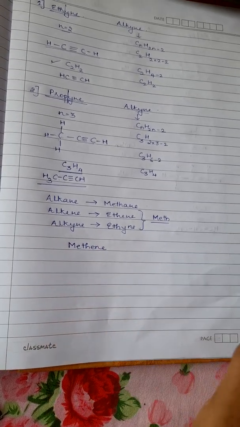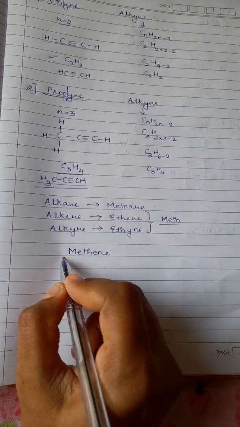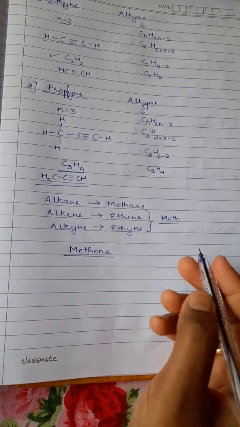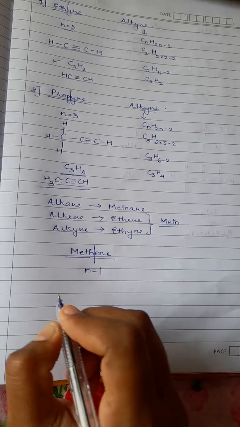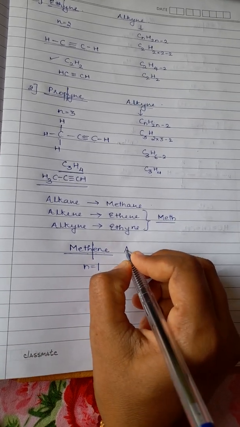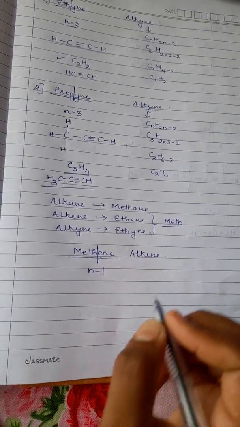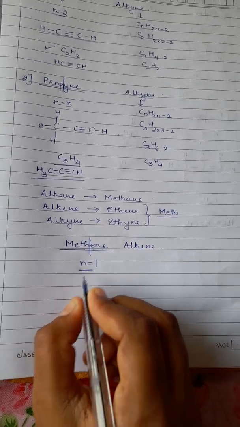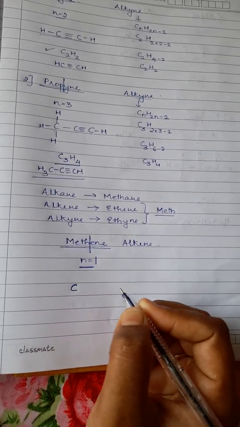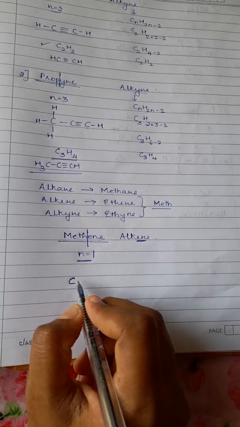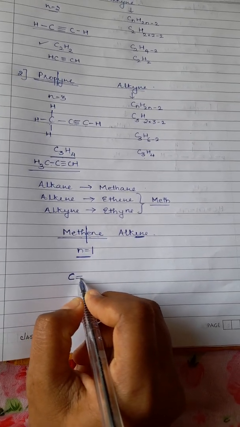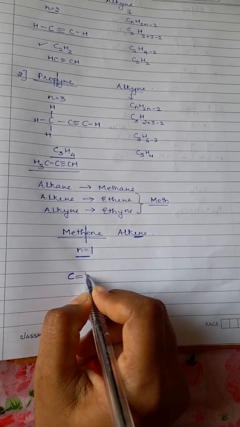If you write methene, just for your understanding, you're going to divide the word. Meth means n is equal to 1 and ene means it's an alkene. Now I'm going to write one carbon, correct? Now it's an alkene, I need to have a double bond. I cannot put a double bond of carbon with hydrogen.